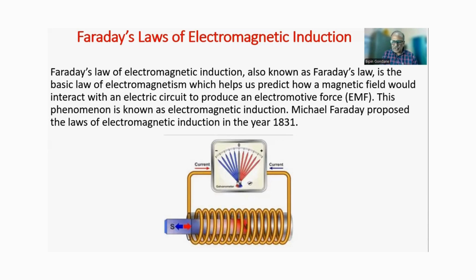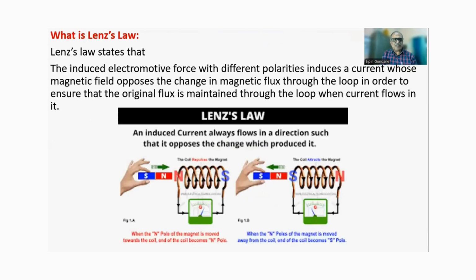Similar to this, you have one more law, that is Lenz's law. When a magnet is moved inside a coil, it will produce current, because a magnet has two poles, the South Pole and the North Pole.